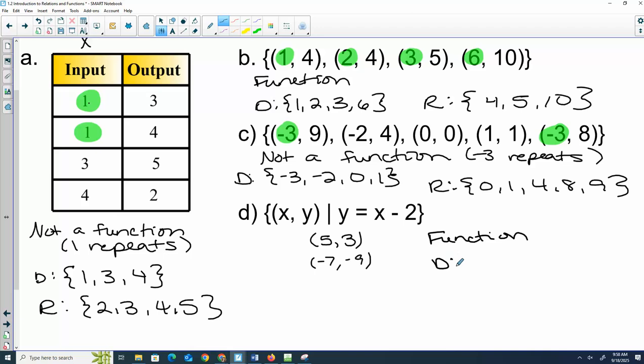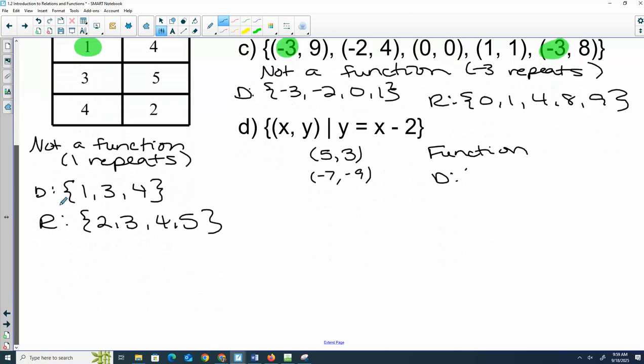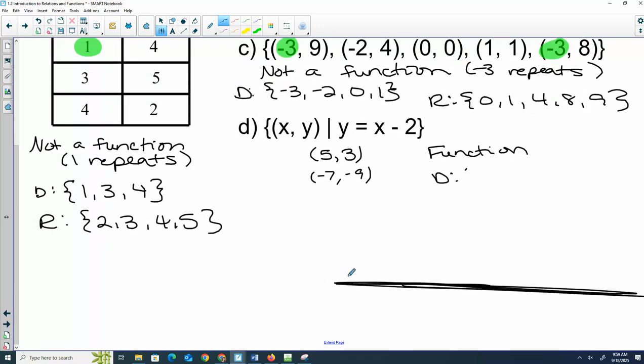Domain. What can you plug in for x? Anything. How do we write that using interval notation? Think about on a number line. If it's anything, it's that entire number line. So it's coming from negative infinity and going to positive infinity.